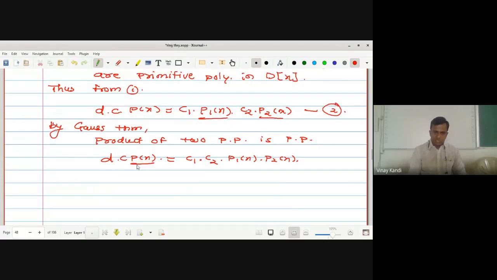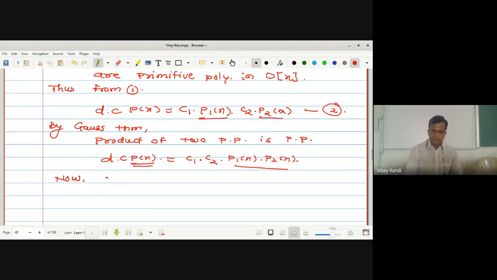Here p of x is a primitive polynomial, and this one is also a primitive polynomial. So now the right hand side and left hand side are primitive polynomials.